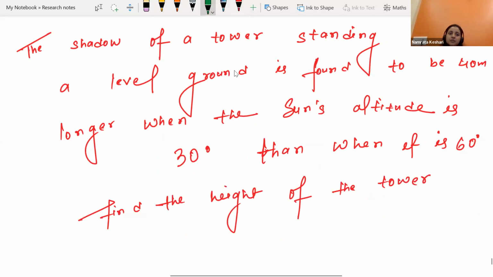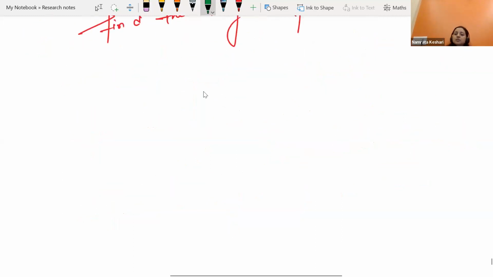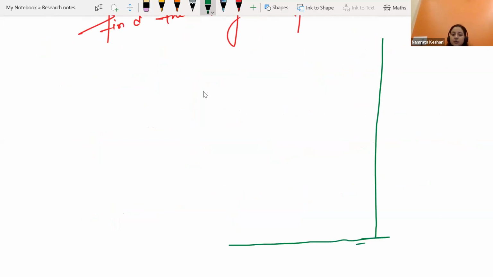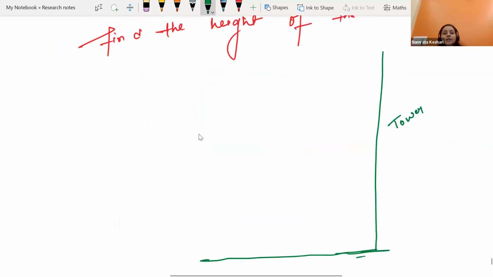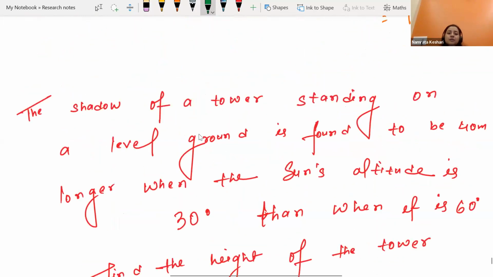Let's do the shadow of a tower. The tower is standing on level ground. This is a tower. Now the shadow of a tower standing on level ground is found to be 40 meters long when the sun's altitude is 30 degrees.